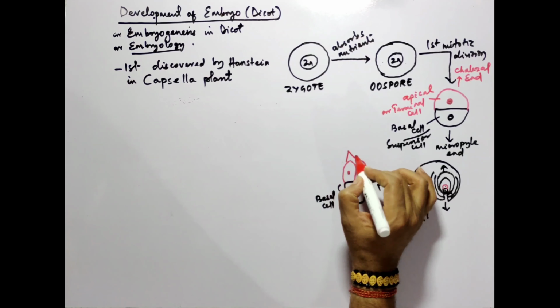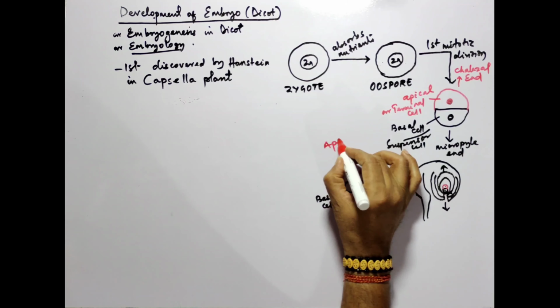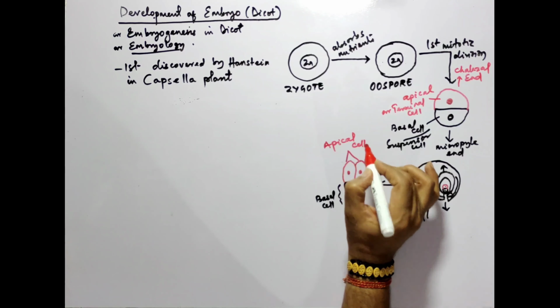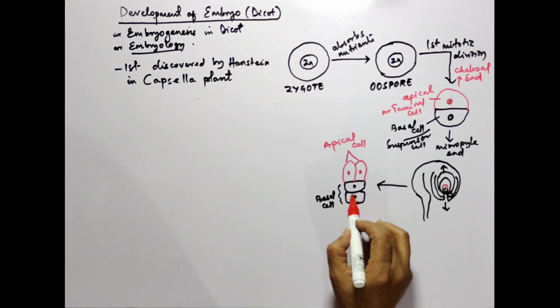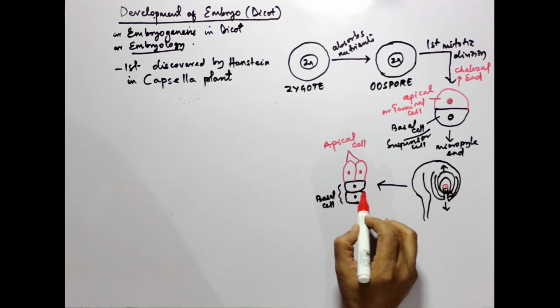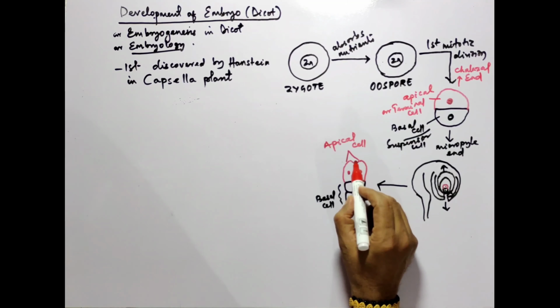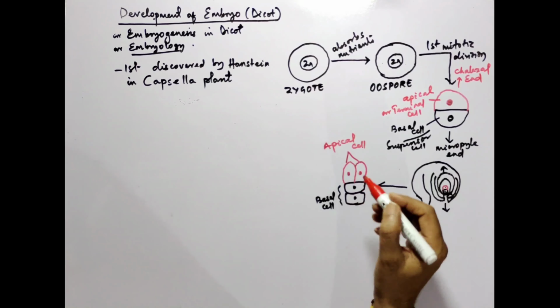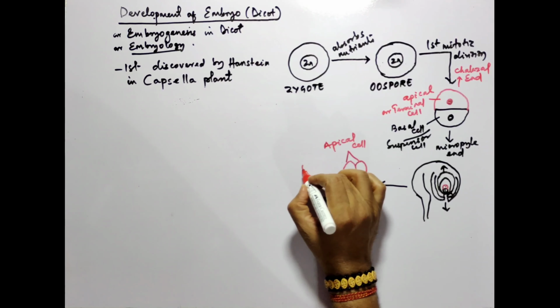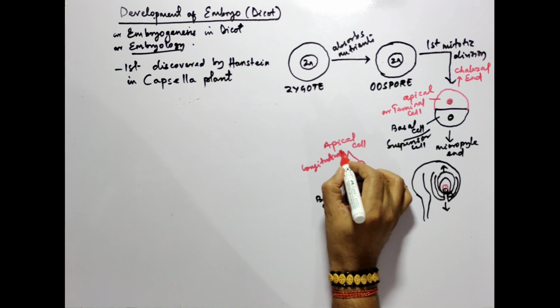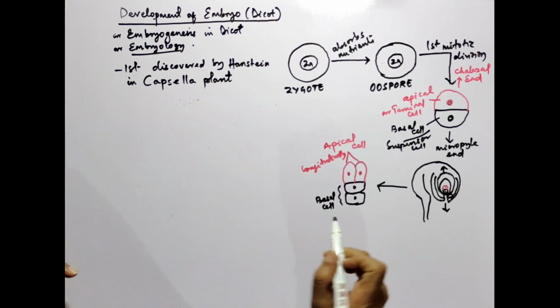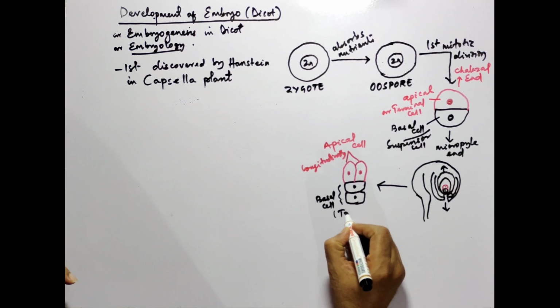These two are called apical cells. So it is clear here that the lower basal cell divides transversely, and the apical cell divides longitudinally.